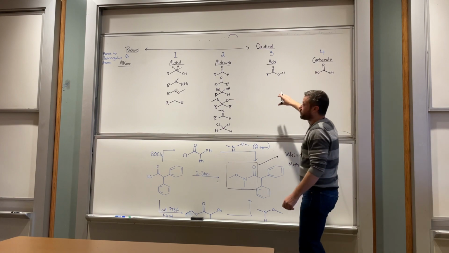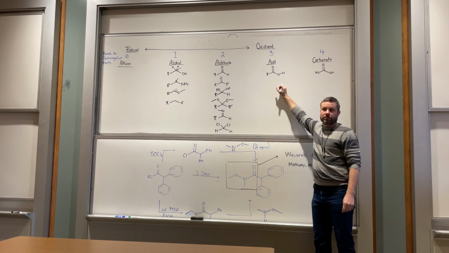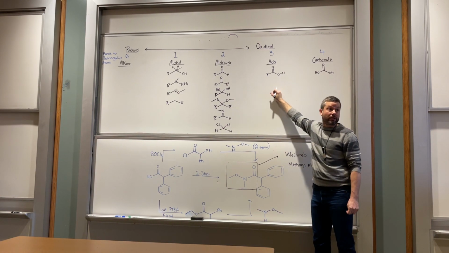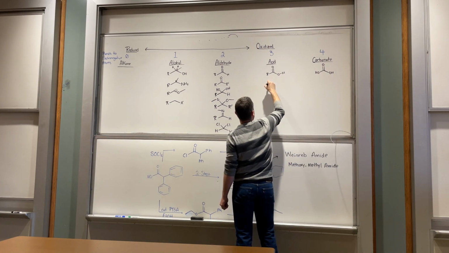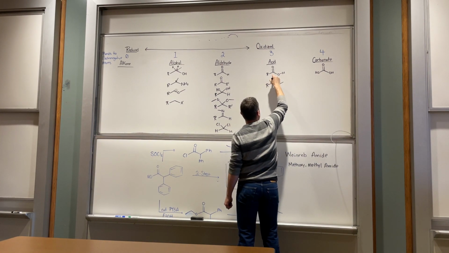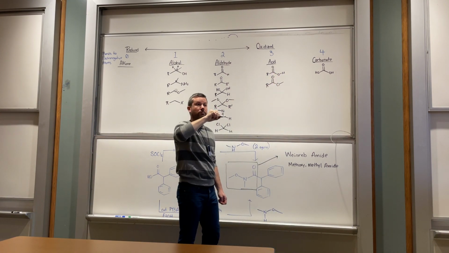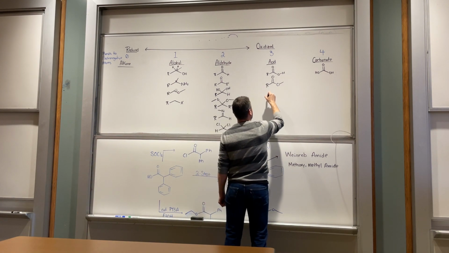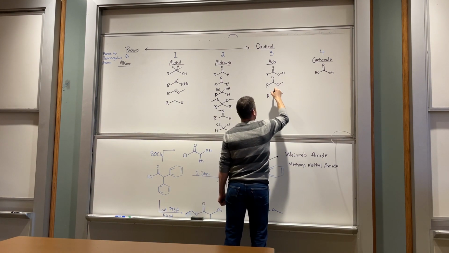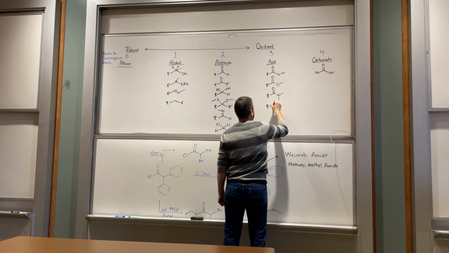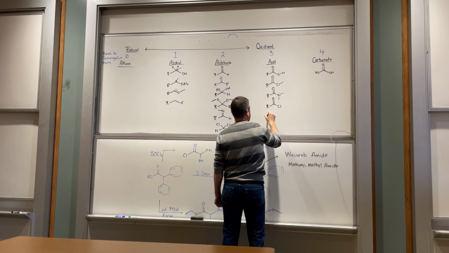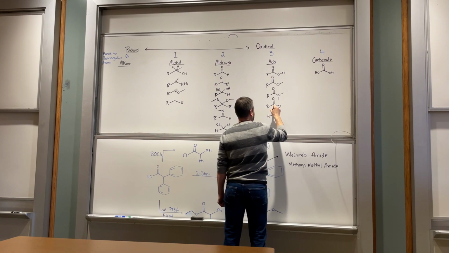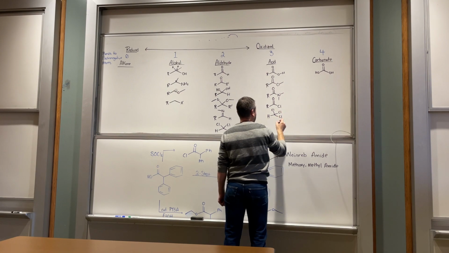Carboxylic acid, what other functional groups would fall under this umbrella here? Esters, great. Any others? Just yell them out. Amides, great. Acid chlorides. We can also have chloroform. You have things like orthoformates.